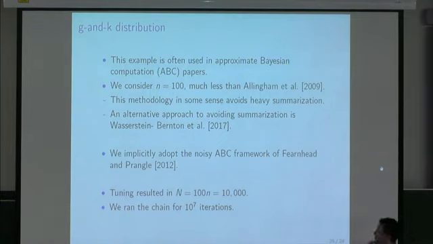Okay. So one difference that we consider here, I mean, we could of course use more: we consider little n being only 100, which is much less than Allingham et al. And one of the nice things about this methodology, as opposed to some other types of ABC methodologies, is that you avoid summarizing your individual data points, because on the unsummarized data, you approximate the product of the expectations that are involved in the likelihood function.